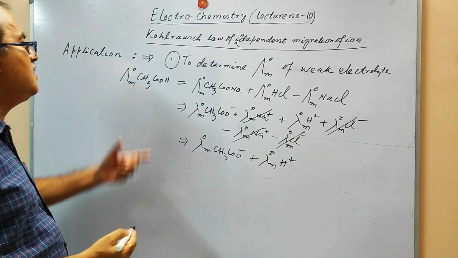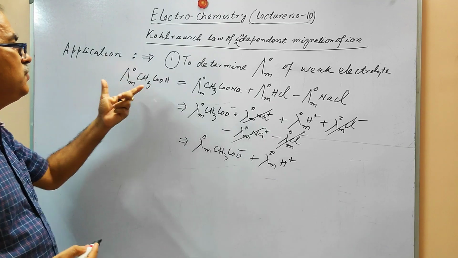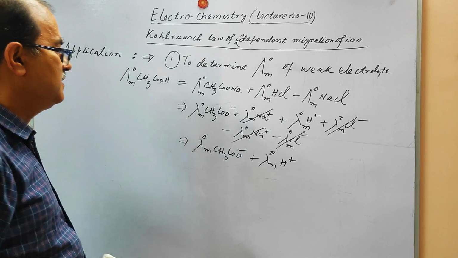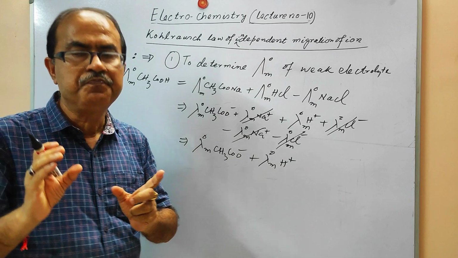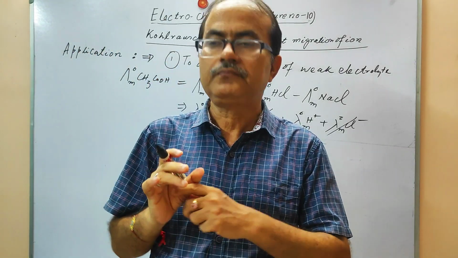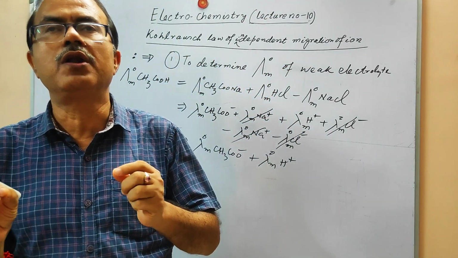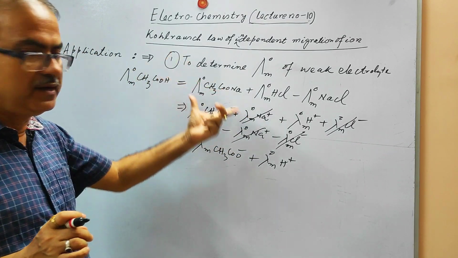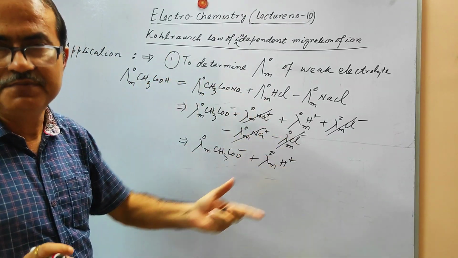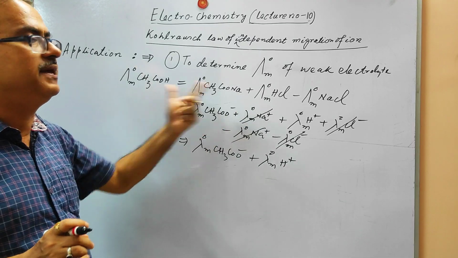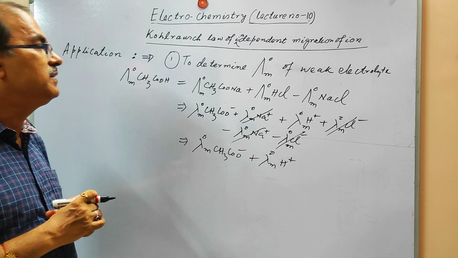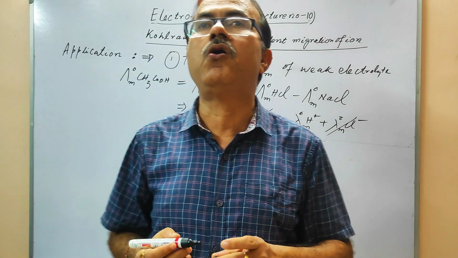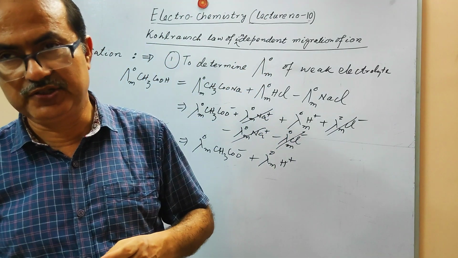And this is, you can see, where we can equate with the molar conductivity of the acetic acid. In this way, we have to know the molar conductivity of the strong electrolytes, and by summing it and then subtracting it with the others that we have done here, we are able to calculate the molar conductivity of the electrolytes.